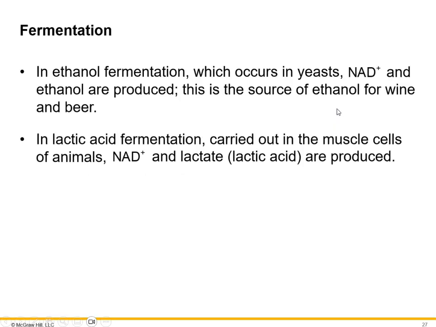When we talk about ethanol fermentation, which happens in yeasts, NAD plus and ethanol are produced, and this is the source of ethanol for wine and beer. There's also lactic acid fermentation, which happens in our muscle cells. And that is when NAD plus and lactic acid are produced. Both of those are fermentation processes happening in the absence of oxygen.